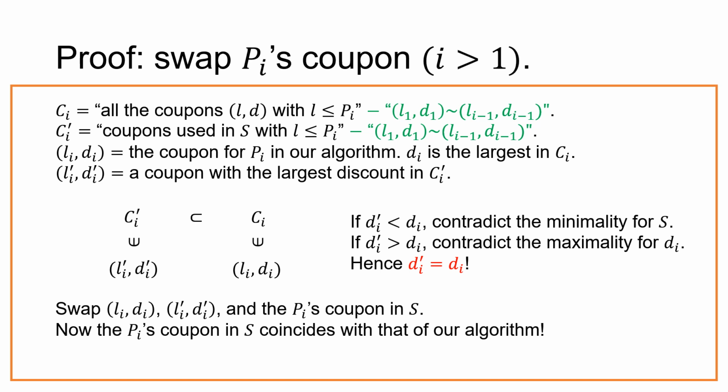I'll skip the details, but let's follow this reasoning for better understanding. In conclusion, all the coupons in S can be transformed into those used in our algorithm. Hence, we can state that any construction S is equivalent to our algorithmic approach.